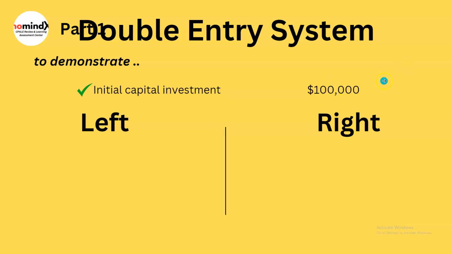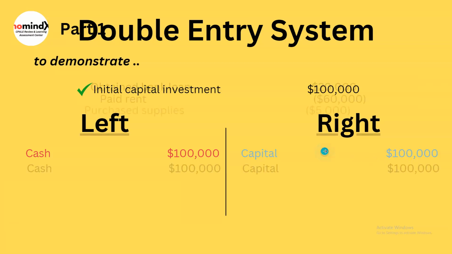We have a systematic way of doing that. First, on the left side, left column, we put the cash 100K, and in the right column we put the source of the cash, where this cash came from. So this explains that the cash is coming from the capital, 100K.